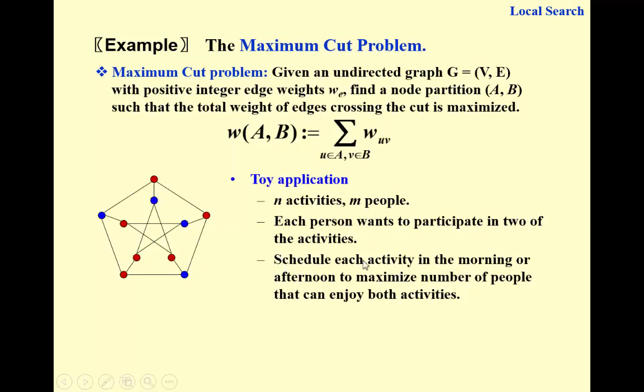We're supposed to schedule each activity in the morning or afternoon to maximize the number of people that can enjoy both activities. We'd like to make as many people happy as possible. And of course, there are other real applications in circuit layout or statistical physics.